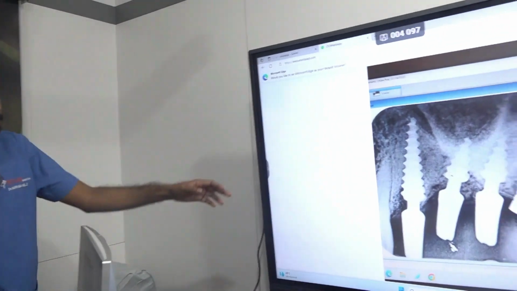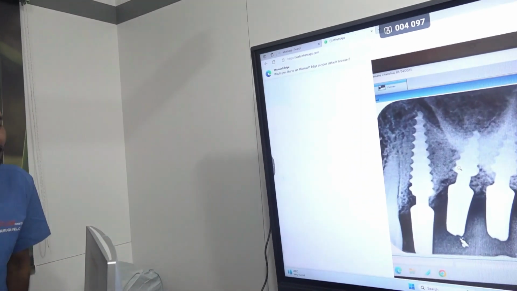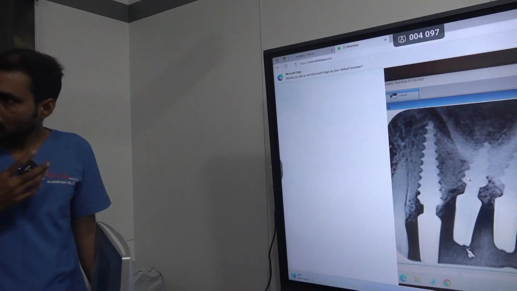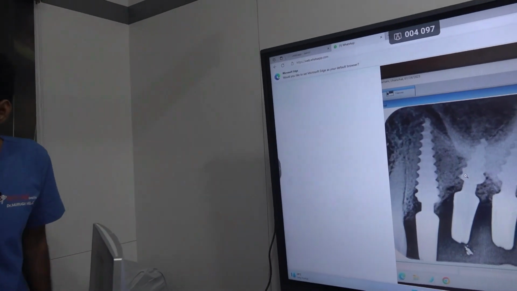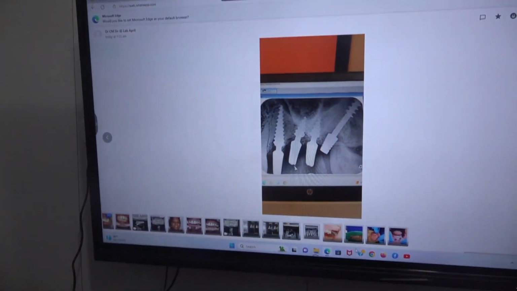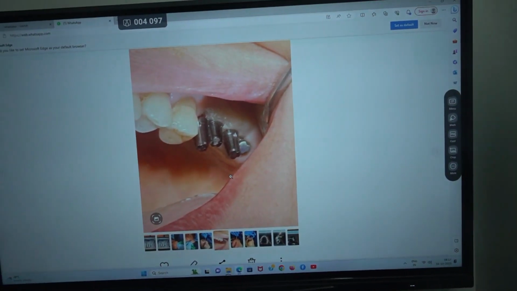So here also the cortical bone may be the reason, and one more reason may be the implants too close to each other. You may see the implants are very far away from each other. Don't believe the IOPA and panoramic view. If you see the clinical view, you can appreciate this.